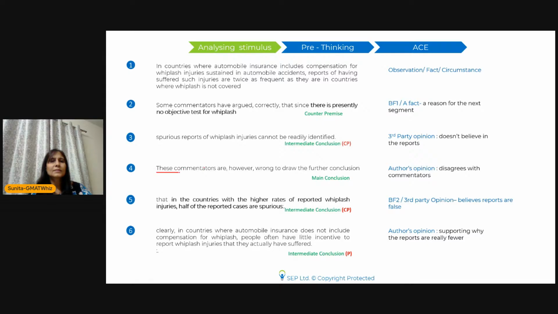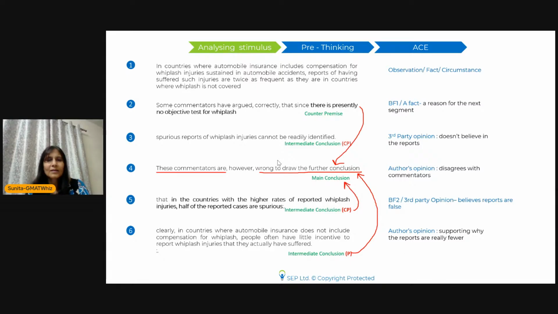So this is the main conclusion. Whichever statements support this are going to be counted as a premise. So this, where the author says, you know, people don't have the incentive to report, and that is why the commentators are wrong. It is acting as a premise. And if I look at the two bold faces, they are going against the main conclusion, so they are counter premise. This and this.